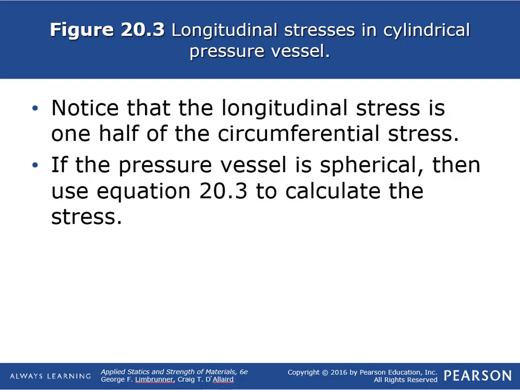If the pressure vessel is spherical, then equation 20.3 is the one you use to calculate the stress. Spherical pressure vessels are a much more efficient shape, in which case the stress is roughly half of a typical hoop stress in a cylindrical pressure vessel.